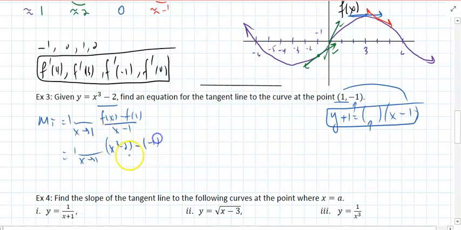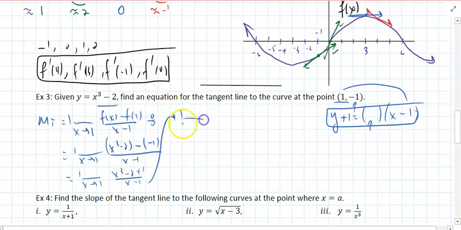f of 1 is -1. Remember, that's 0 over 0 at every stage. So we're trying to manipulate this. And we know what to do with rationals. We factor.